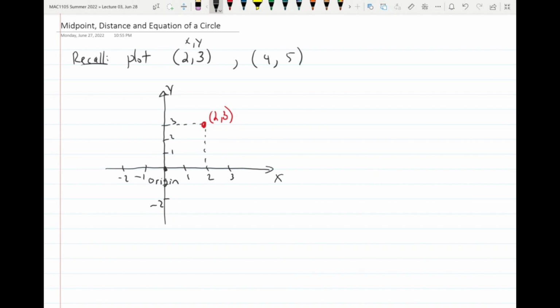I didn't want to go to 5, but I'm going to go to 5. That's this other point over here. So the moment that you have 2 points, then you can talk about the line segment joining those two points. So it's 2,3.